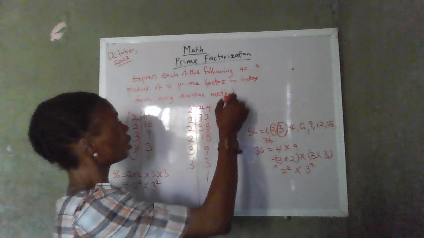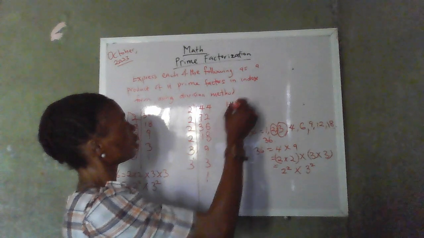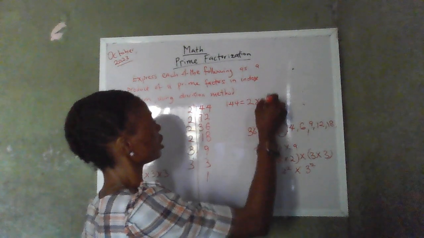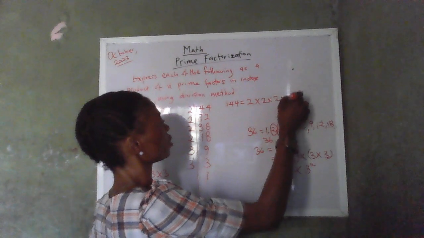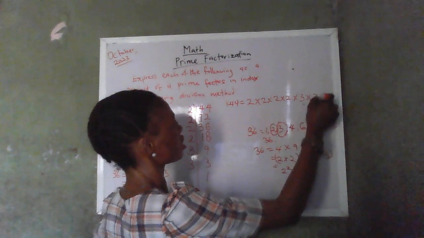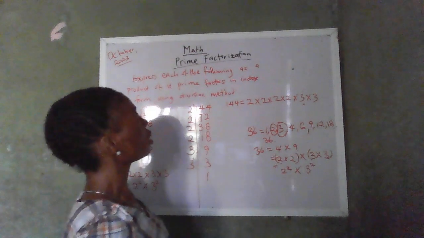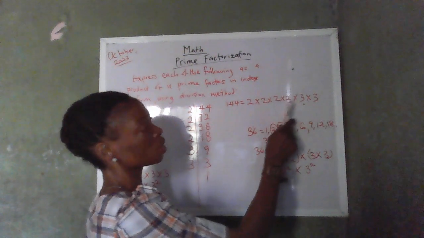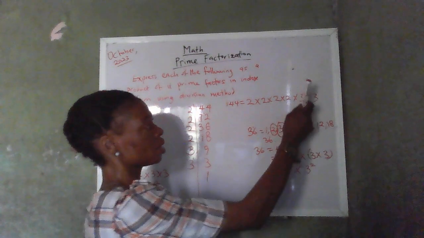Okay, so 144 equals 2 multiplied by 2 multiplied by 2 multiplied by 2 multiplied by 3 and multiplied by 3.